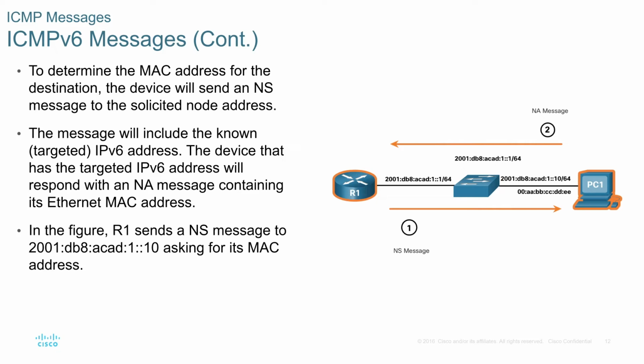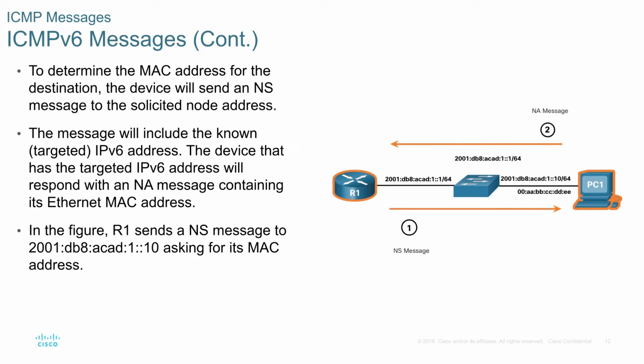The device that has the targeted IPv6 address will respond with a neighbor advertisement message containing its Ethernet MAC. As you can see, ICMP for IPv6, instead of using ARP, is using the neighbor advertisement and the neighbor solicitation message to get that information that ARP got through the ARP request.